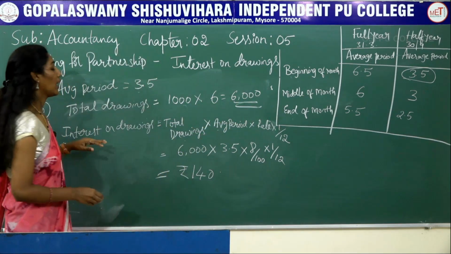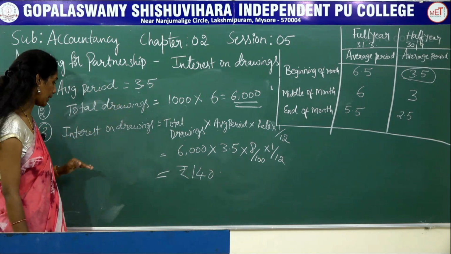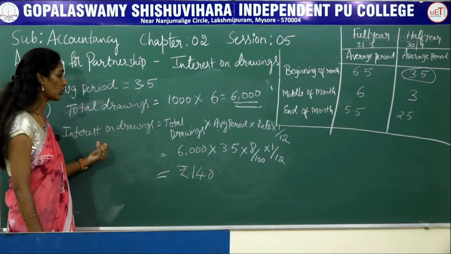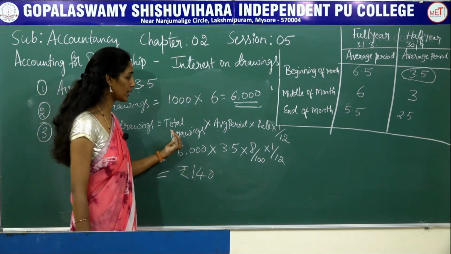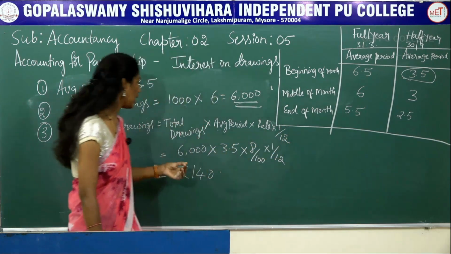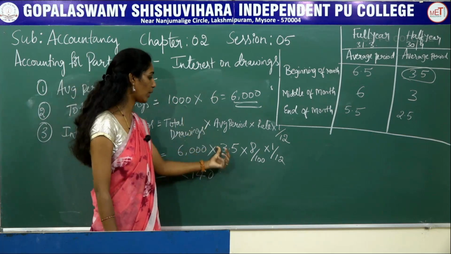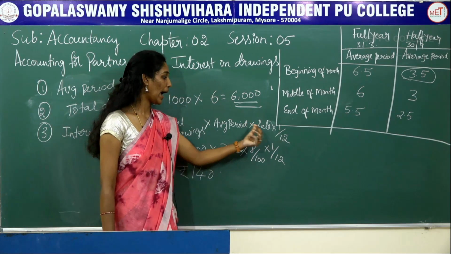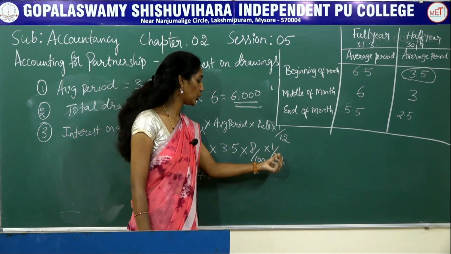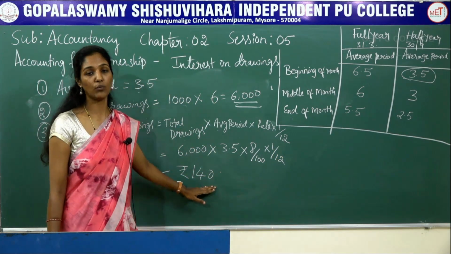After that you should apply the formula of the average period method, and the formula is interest on drawings equals total drawings into average period into rate into 1 by 12. So here total drawings we already know is 6000 into 3.5, average period, and 8 divided by 100 into 1 by 12, and the interest will be rupees 140.